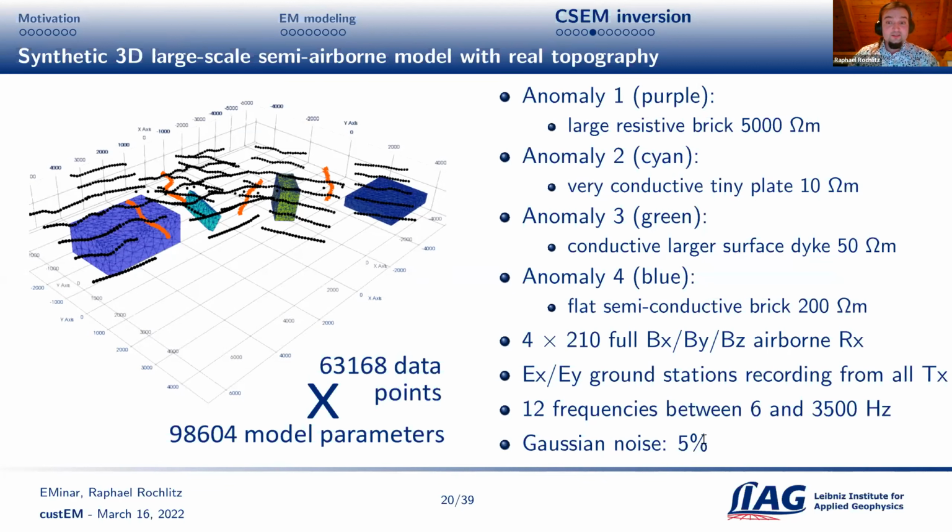And we added Gaussian noise of 5%, which is quite typical for synthetic inversion tests. Our inverse problem consists of 63K data points or observations in total for all frequencies, and roughly 100K model parameters. So this is a larger scale inversion setup.